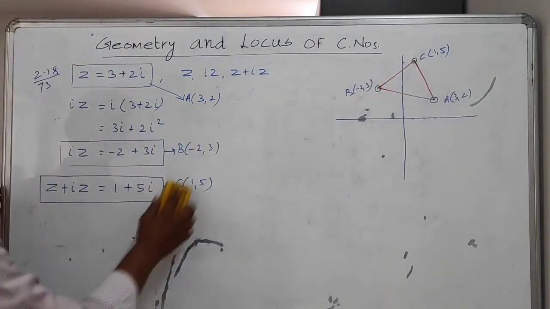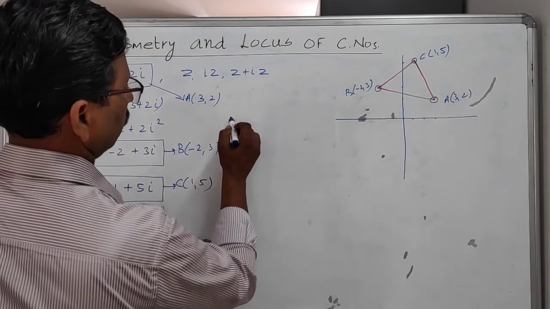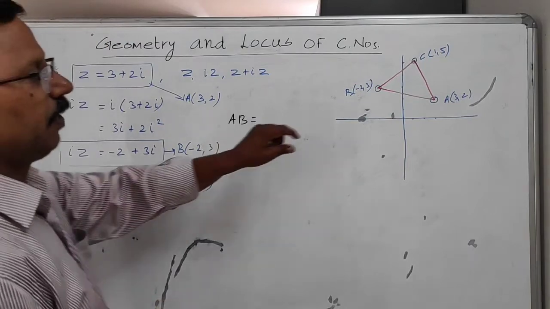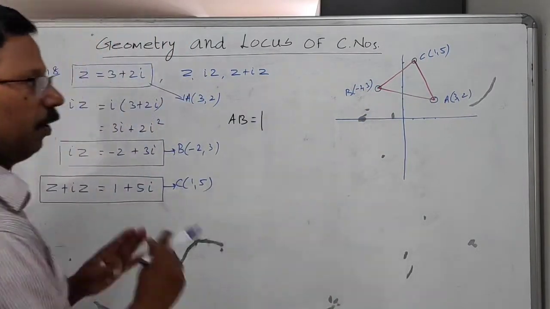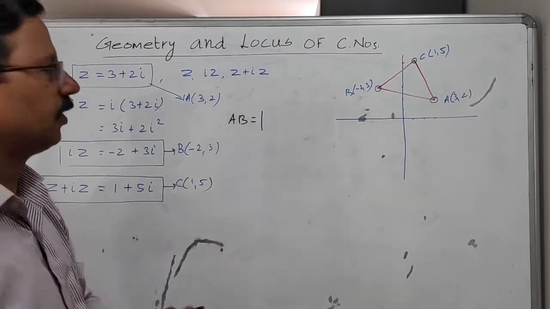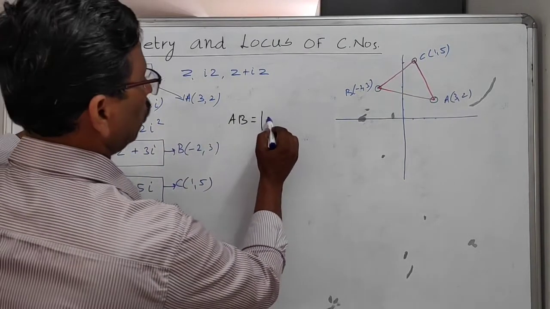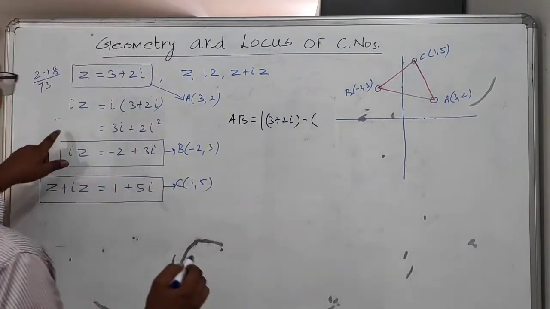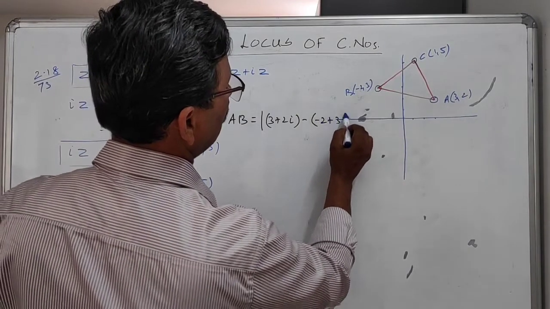Now we can find AB. AB is equal to the distance between the two points A and B, which is the modulus of Z1 minus Z2. We know very well the distance between two complex numbers is the modulus of Z1 minus Z2. A is 3 plus 2i, minus B, which is minus 2 plus 3i.